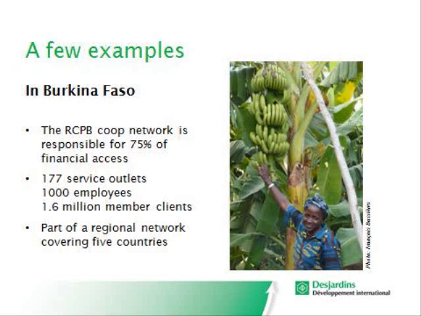The RCPB has also pushed the inter-cooperation principle up to the point where it decided to create a regional confederation with 5 other cooperative networks covering 4 other West African countries, all of them being dominant financial institutions in their respective countries in terms of financial inclusion.